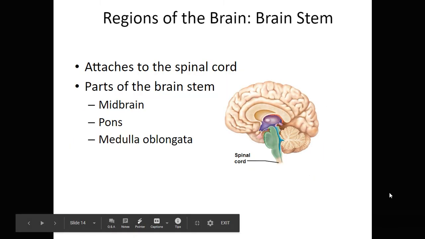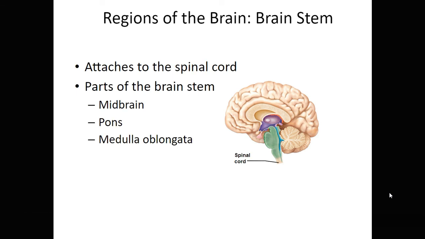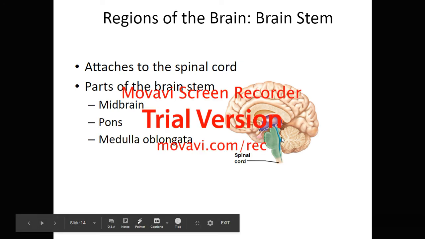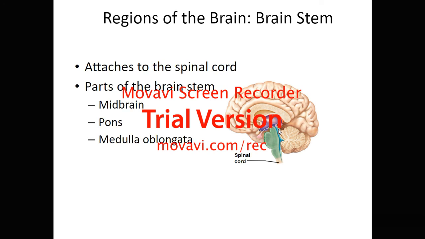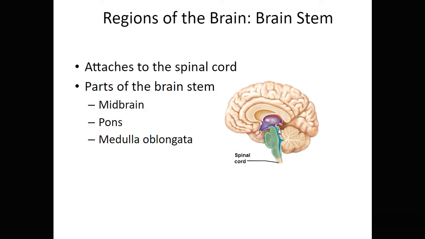The brainstem consists of the midbrain, pons, and medulla oblongata. So the midbrain, essentially this region right here. You see this green part right here, that is the corpora quadrigemina. And this teal part is the cerebral aqueduct.